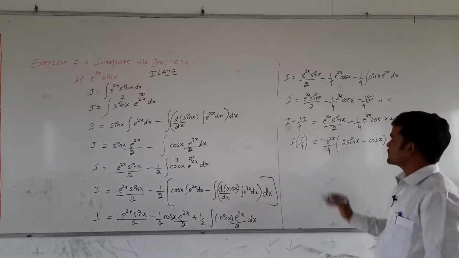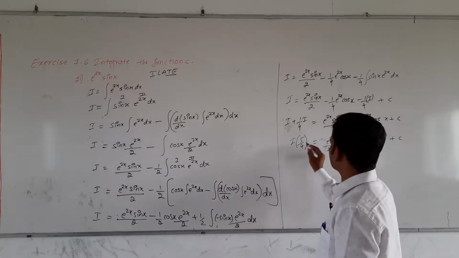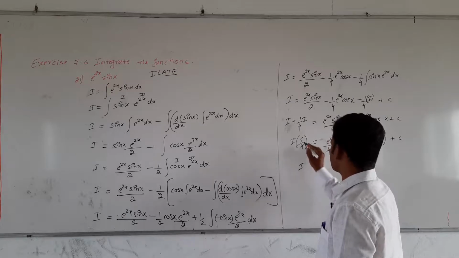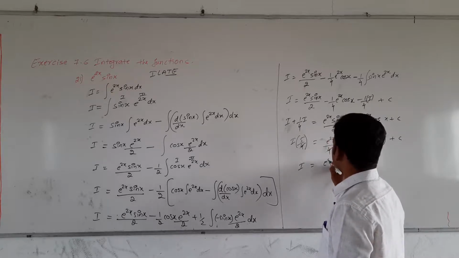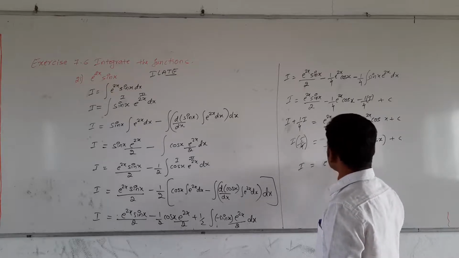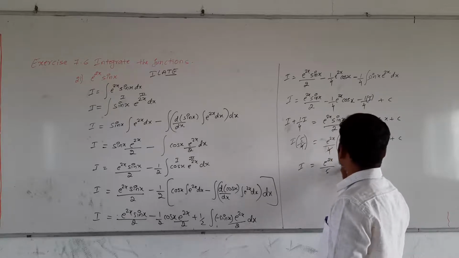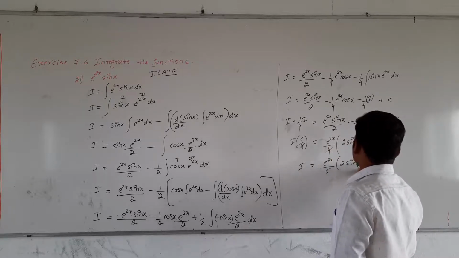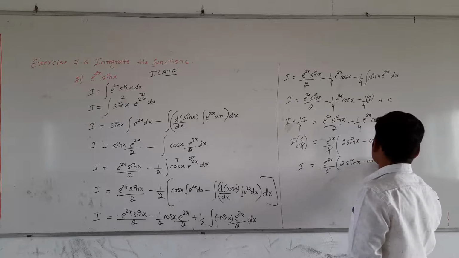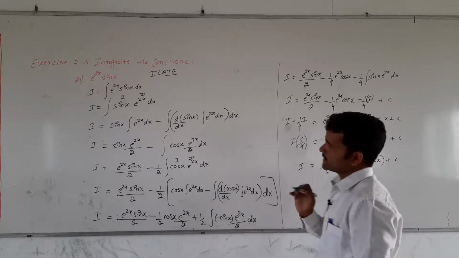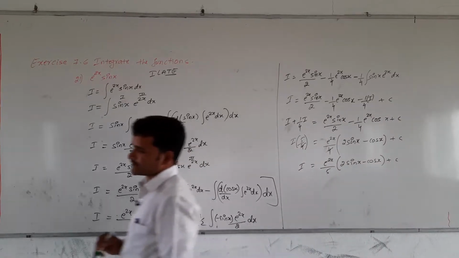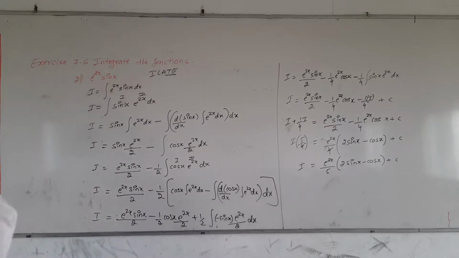Both sides have the 4, which cancels out. I is equal to, sending the 1 by 4 to the right hand side, e raised to 2x by 5 into 2 times sin x minus cos x plus c, which is the integral of the given function e raised to 2x into sin x.